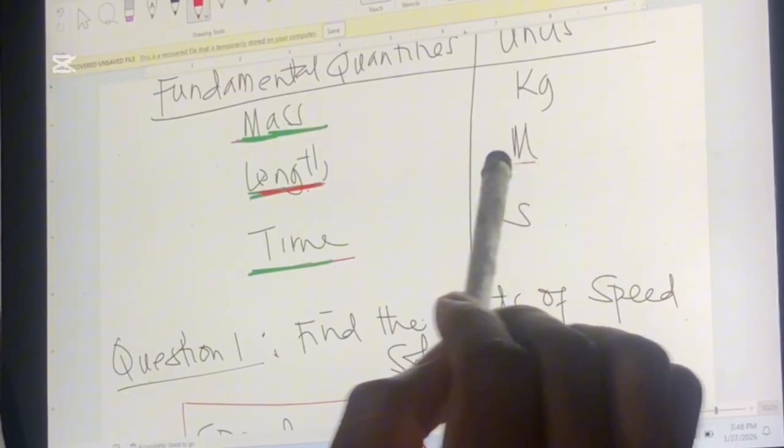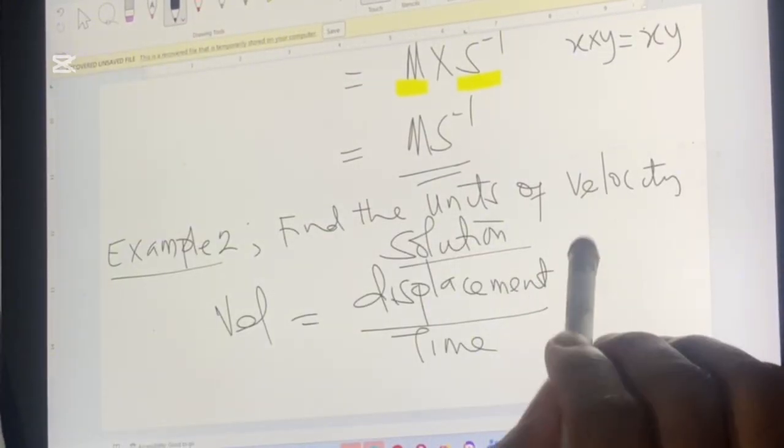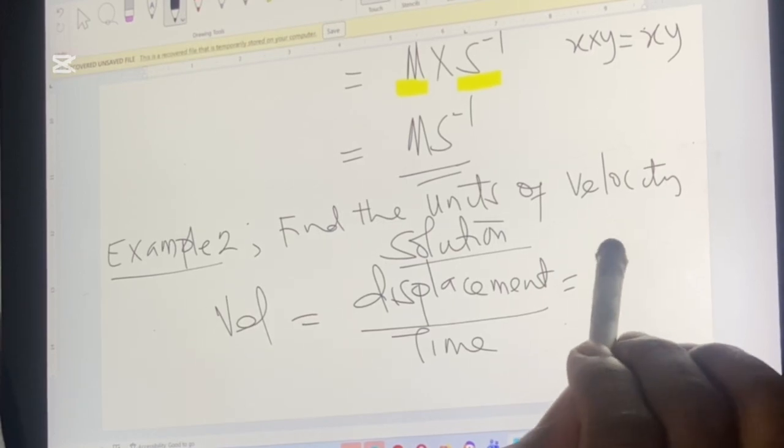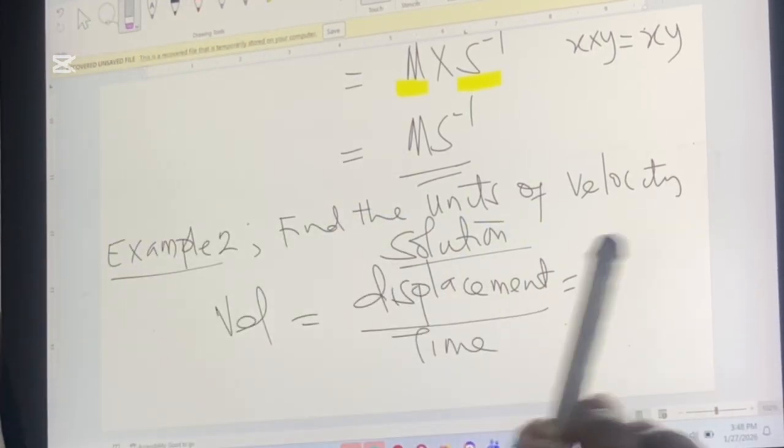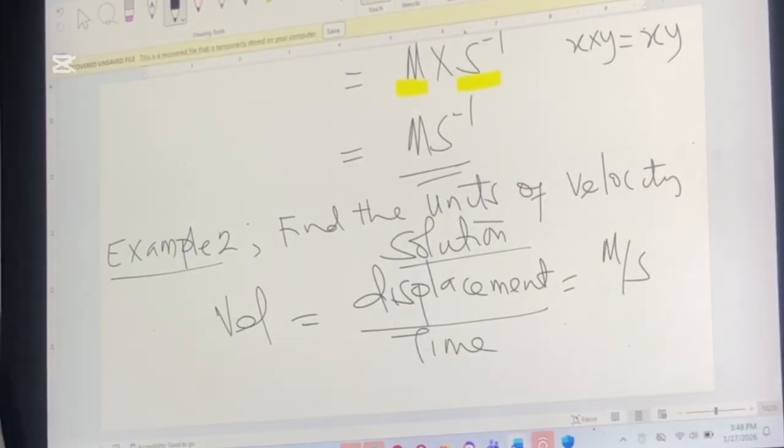And the unit of length is meter. So when you do that, I will have meter per seconds. Please take note. The seconds is as a result of time. The unit of time is seconds.